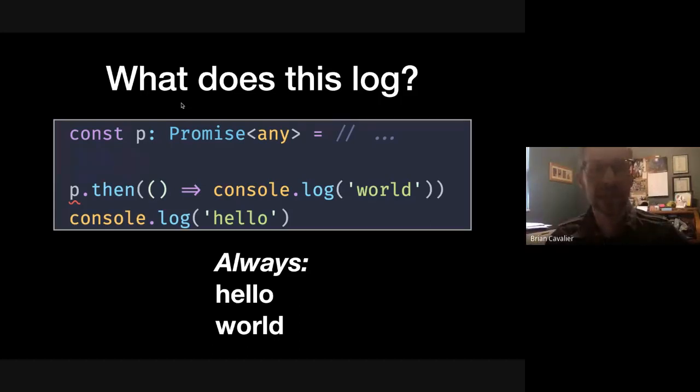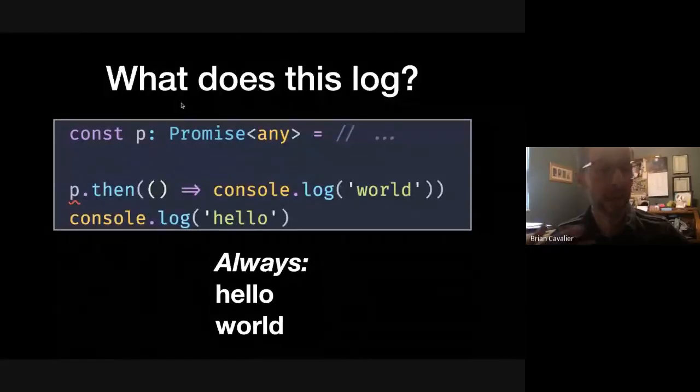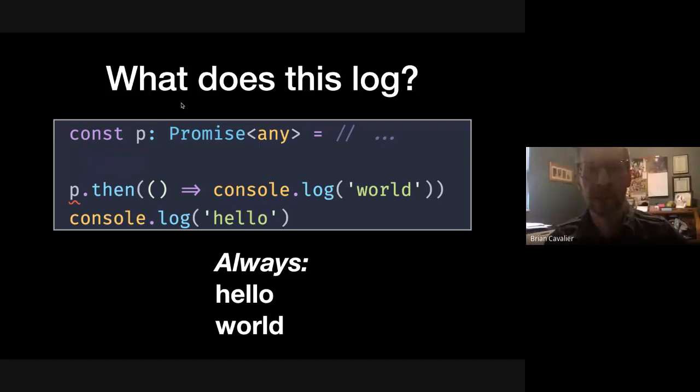If someone hands you a promise, and you write a little program like this, you should have some sort of guarantee that side effects are going to happen in some predictable order, and it won't change depending on the P that they give you, right? So the guarantee promises make is that something like this will always log hello world and will never log world hello. Because side effects.